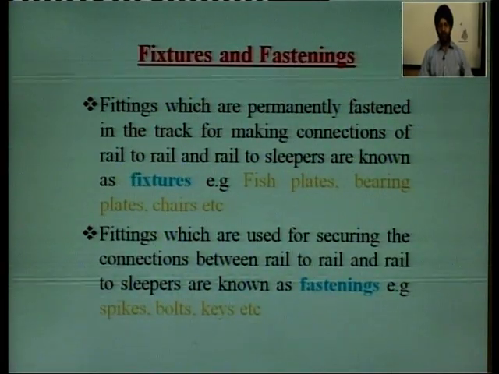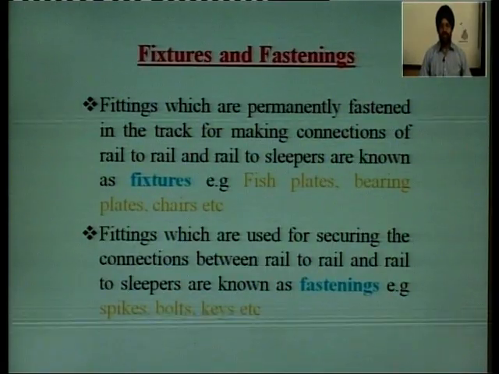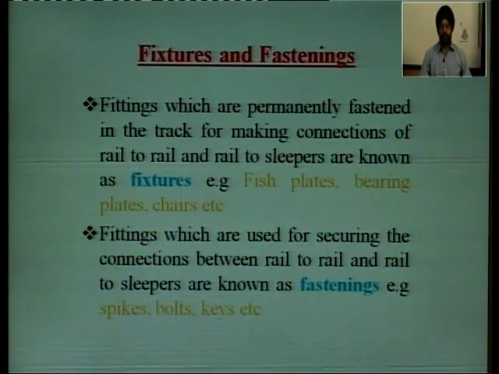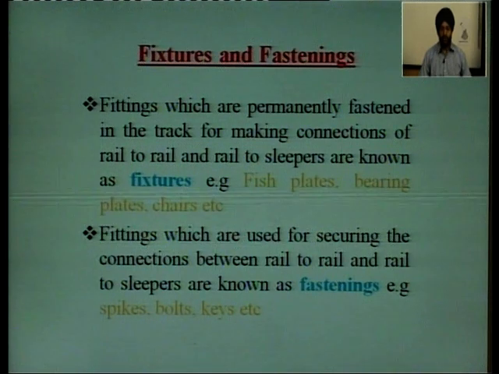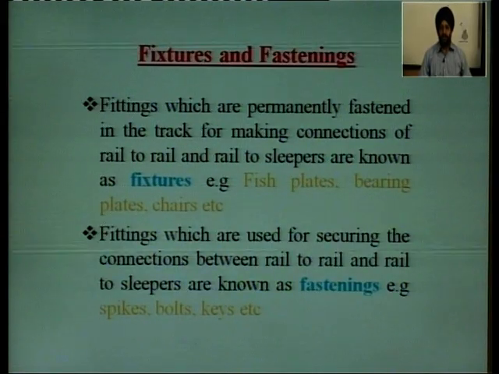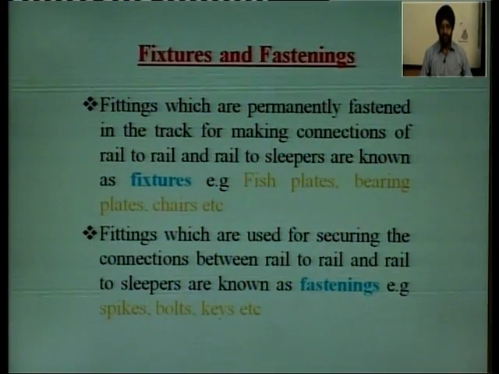Something more about these two. The fittings which are permanently fastened in the track for making connections of rail to rail and rail to the slippers are called fixtures. For example, the fish plates, bearing plates and chairs, etc., are considered fixtures.